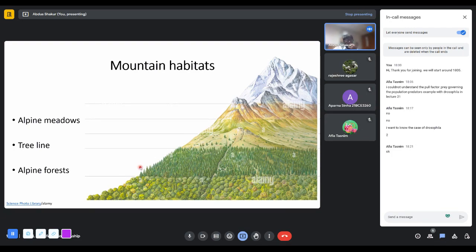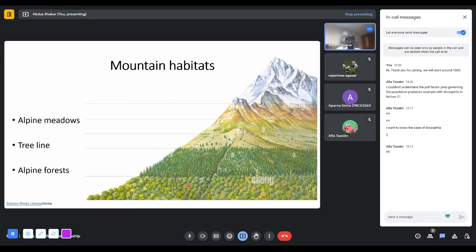This happens because as the elevation increases on the mountain, the temperature and the rainfall differ. Majorly, temperature governs what type of forest you see on the mountains.